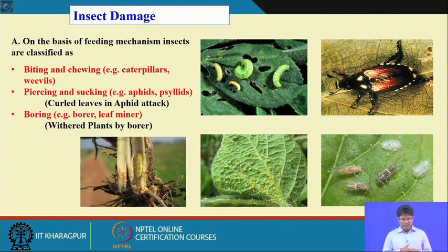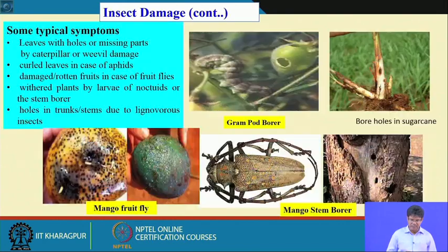These are the insects according to their feeding mechanisms, and these are some of the symptoms we can see: leaves with holes made by caterpillars, or fruit damaged by the gram pod borer. These caterpillars make bores in the pods.